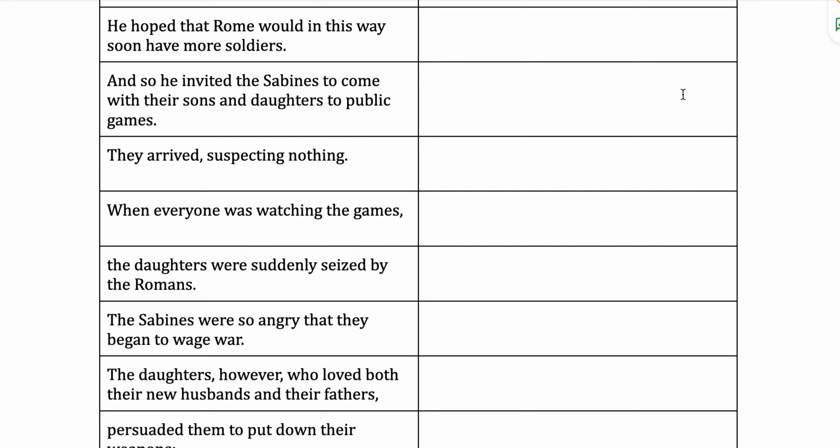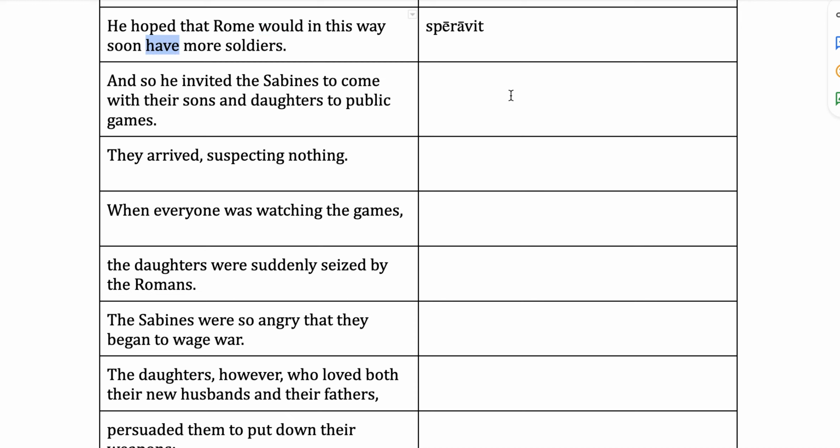Anyway, going on to the next sentence there. So he hoped. Now to hope in Latin is spero, sperare, but here we want perfect tense third person singular, so speravit. Now, this verb to hope introduces an indirect statement. So what we do is that we put Rome into the accusative case, and then we put would have into an infinitive.